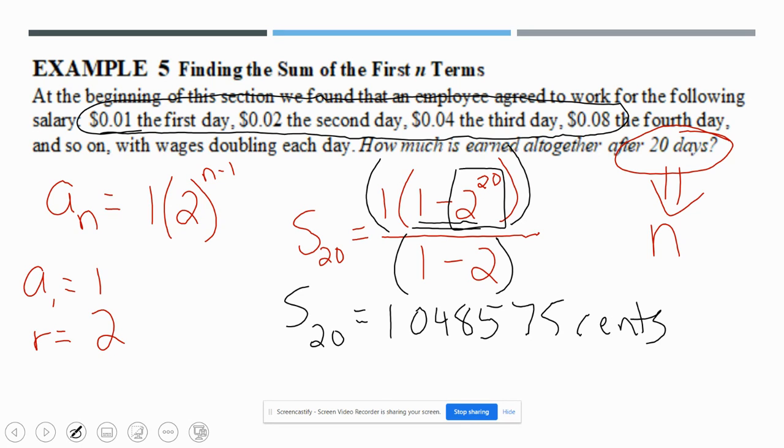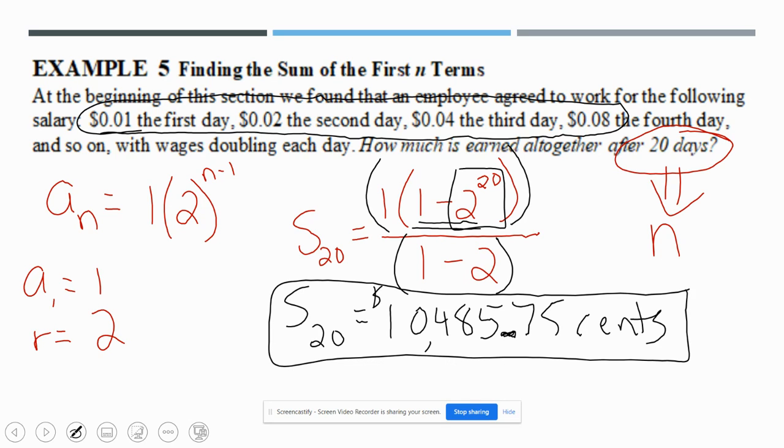So I'm going to go ahead and move that decimal over twice, and we get $10,485.75. That's how much we've earned in 20 days. That's quite a lot. $10,000 in 20 days. I haven't even made a month yet.